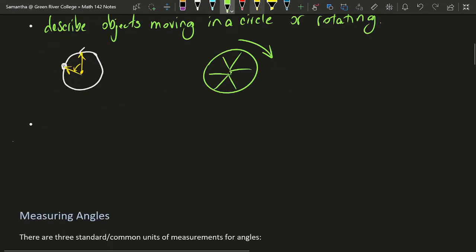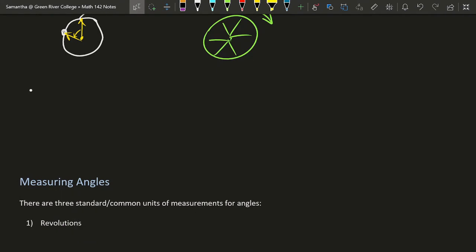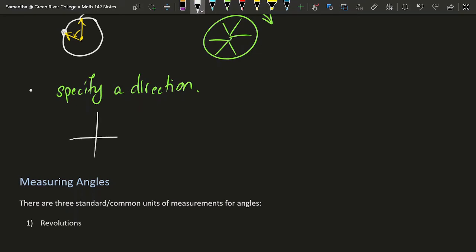And finally, the last application of angles that we're going to be interested in is to describe directions. You can say, okay, I'm going to call one direction angle 0.